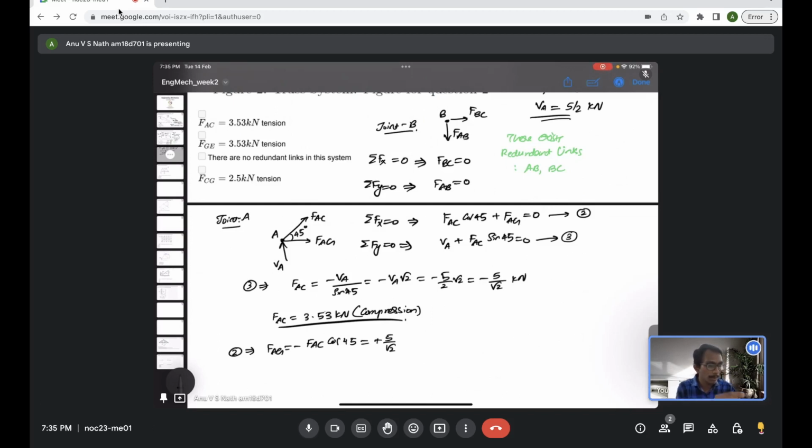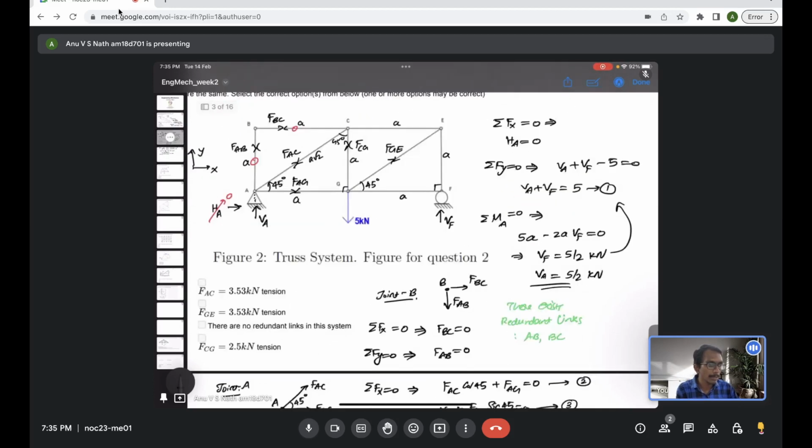We have to follow the sign convention properly in the equations, we cannot just say it is compression. So minus FAC is plus 5 by root 2 into cos 45, which is 1 by root 2, so it's just 5 by 2, which is 2.5 kilonewton. So FAG is in tension, but in the options there is no FAG. So why did we evaluate FAG? We may not need it now, but we will need it in the next step, where we are going to evaluate FGE and FCG.